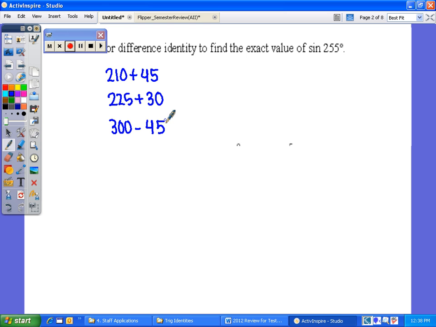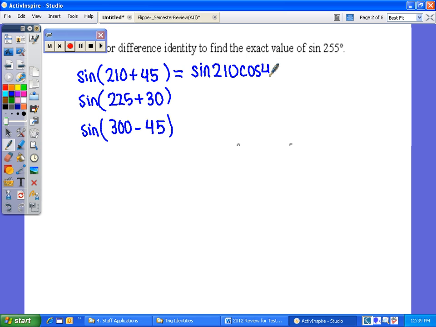Alright, so I'm going to break down all 3 of them for you just so you can see how we can get the same answers from 3 different things. If I break this down according to the expansion in the box at the top of your paper, this becomes sine of 210 cosine of 45 plus, remember with sine it's plus and plus, cosine of 210 and sine of 45.